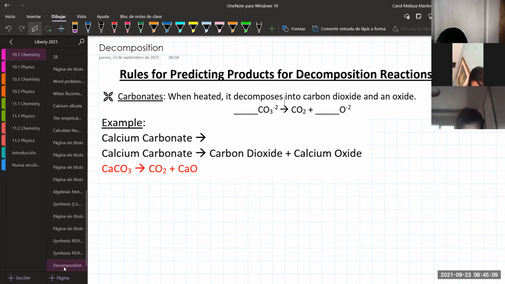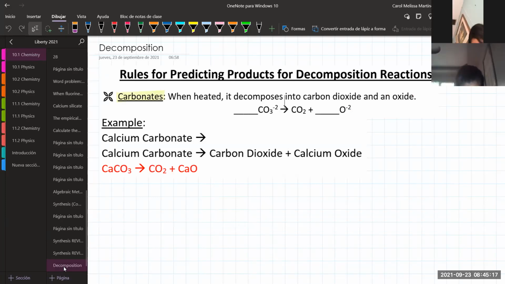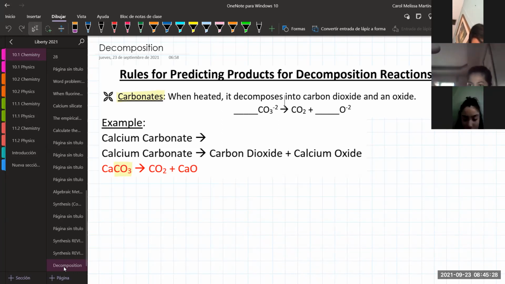So when we talk about carbonates, that means that in my reactant, the ion carbonate is going to be there, okay? So that's how I identify the rule to follow. So it says carbonates, when heated, it decomposes into carbon dioxide and an oxide, okay?